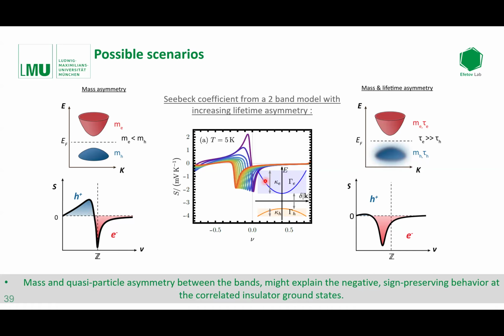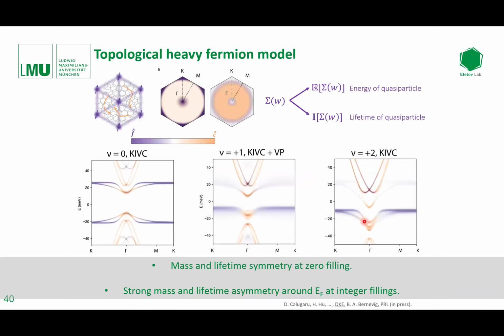This quenching we were only able to achieve if we also introduced a short lifetime of the heavy bands, which would then quench the transport coefficient of the Seebeck effect and allow us to really reduce the hole coefficient in this system. And this, in terms of the ingredients in our measurements, would explain such a coefficient.